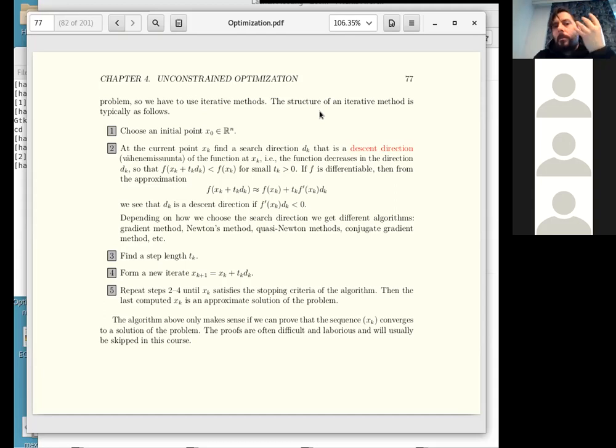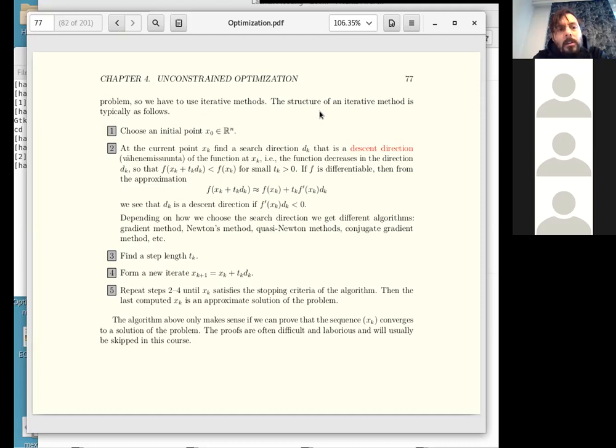All the iterative algorithms that we deal with work in this way. For all intents and purposes, you can think that there are no other optimization algorithms than the ones that follow this template. And really what we're going to be looking at are techniques and tricks in these issues.